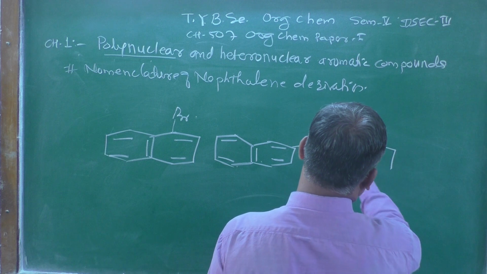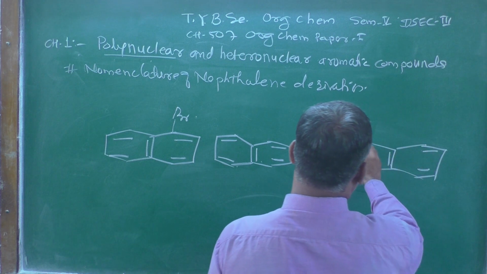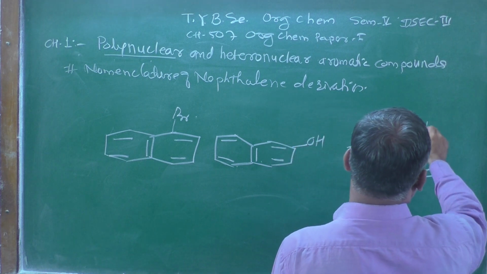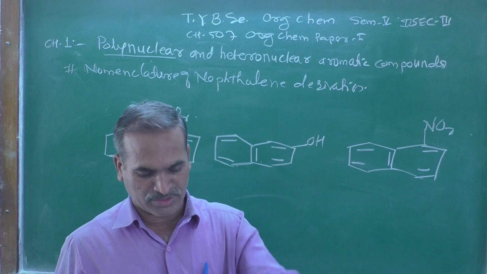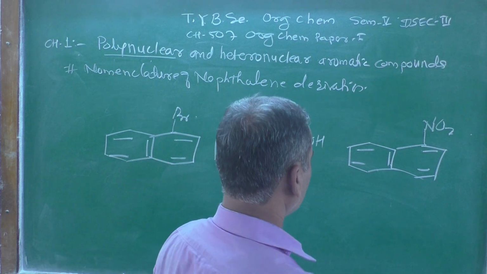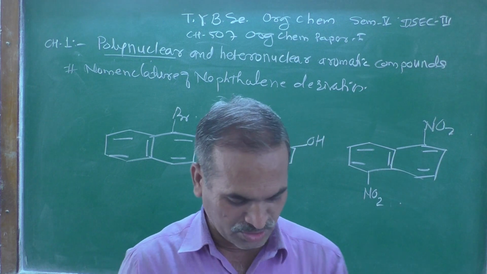One more structure which I have shown over here, you can remember this is a structure where I am introducing one group at this position and one at this position.